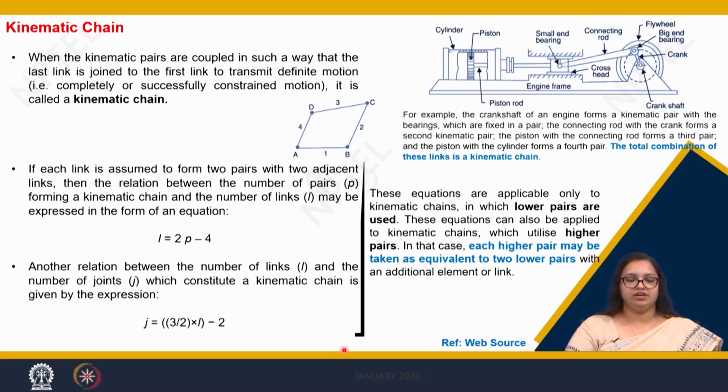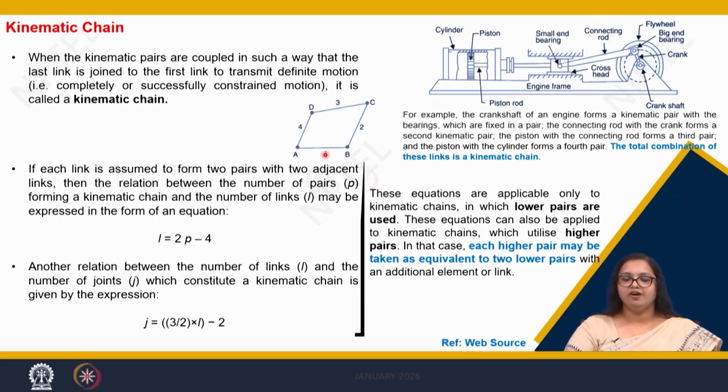Now we have learnt about links, then we have learnt about the kinematic pair, then we will learn about the third term, that is the kinematic chain. So what do we understand as a kinematic chain? We have a number of pairs. Here we see that there are four links, that is 1, 2, 3 and 4.